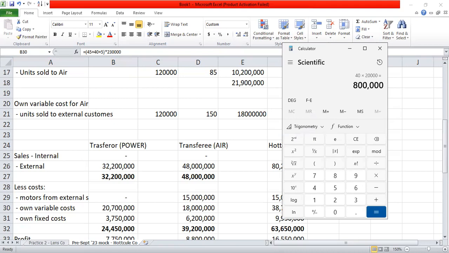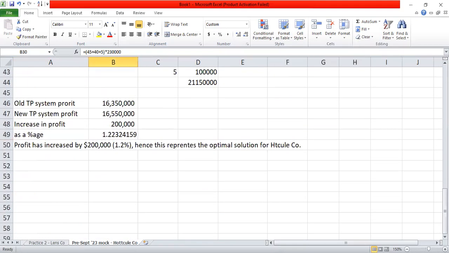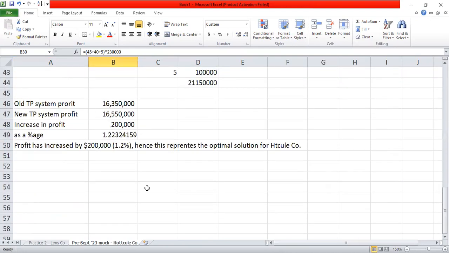They would have been making 800,000 more profit added to the 200,000 we got. So because they would have earned another 800,000, not doing that represents not doing the optimal solution.